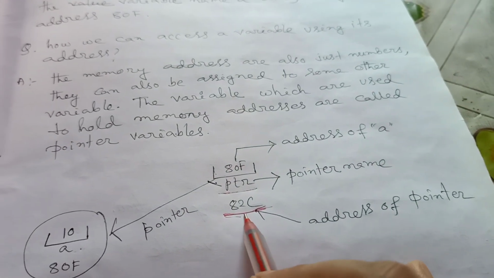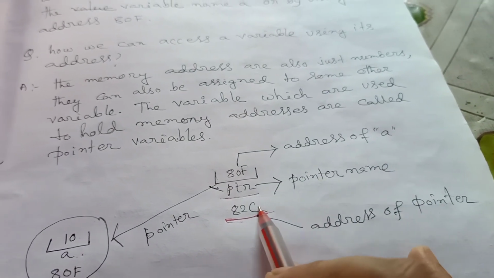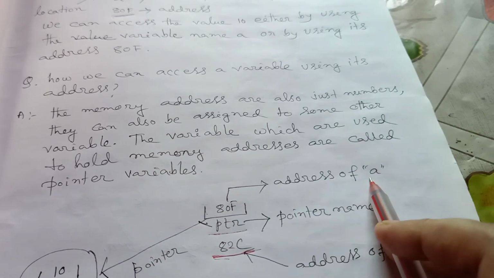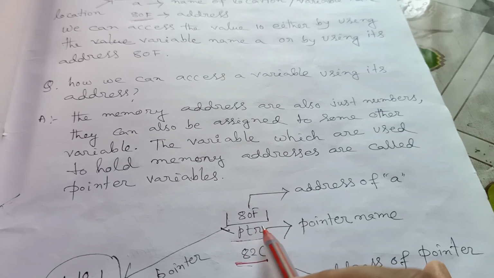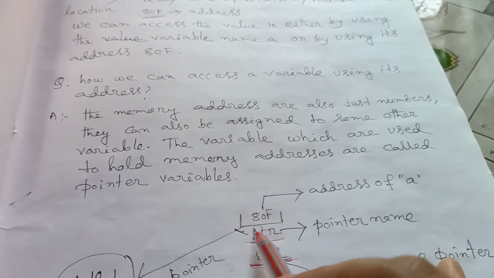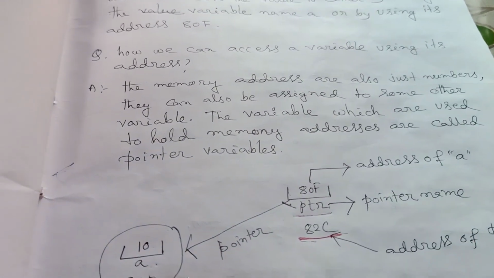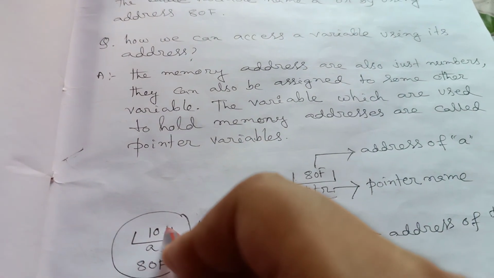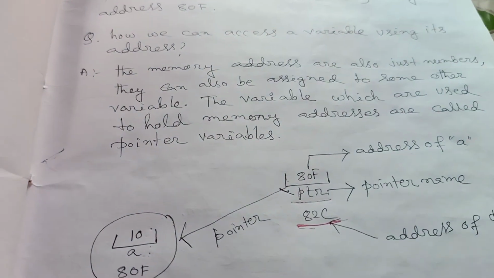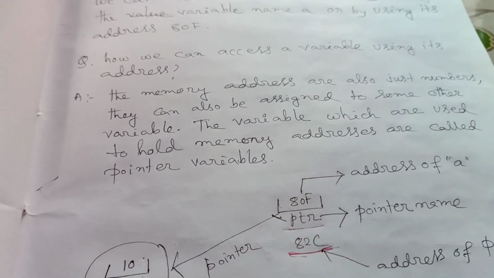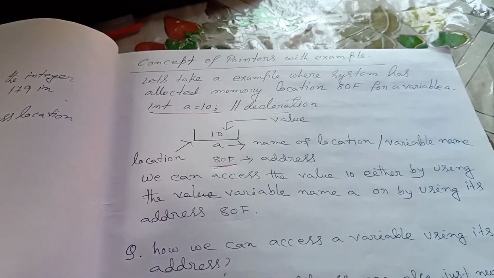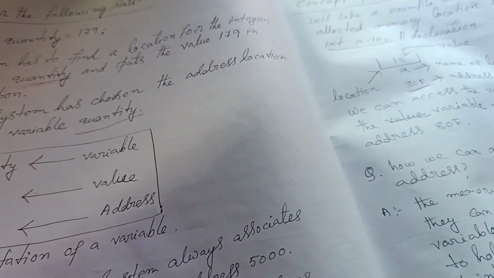So this is the address of the pointer. ptr is the pointer name, 80f is the address of a. That means ptr contains the value 80f, 80f is the address of the variable a, and a contains the value 10. Okay. So this is all about the concept of pointer with an example.